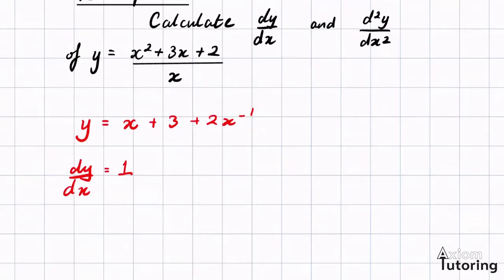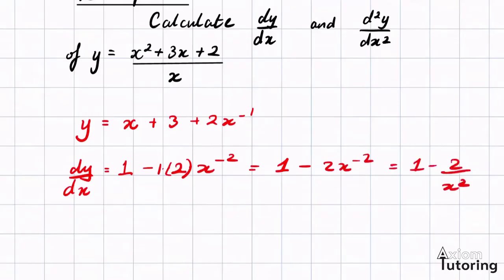So we get minus 1 times 2 times x to the power of minus 2. So let me write it like that. So that's minus 1 times 2 times x to the minus 2. That's equal to 1 minus 2x to the minus 2. Or 1 minus 2 over x squared. So that's our dy over dx.